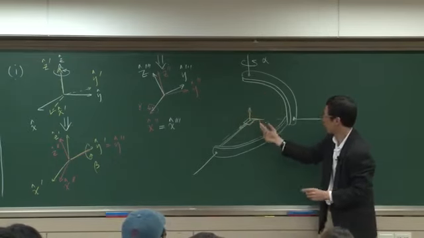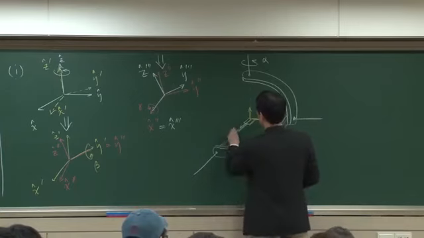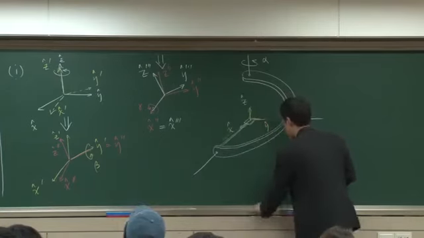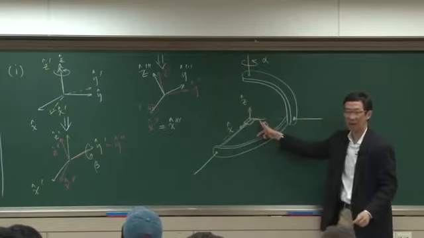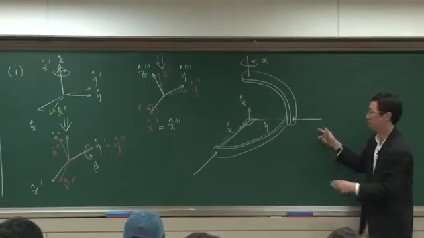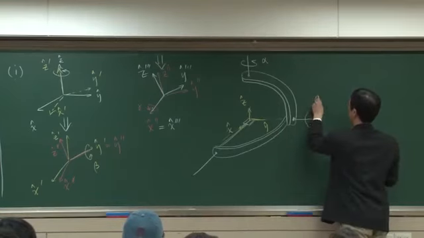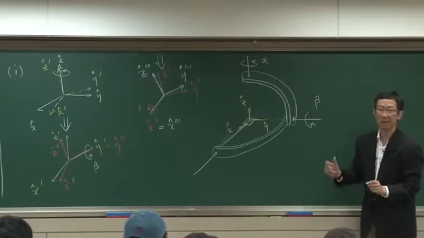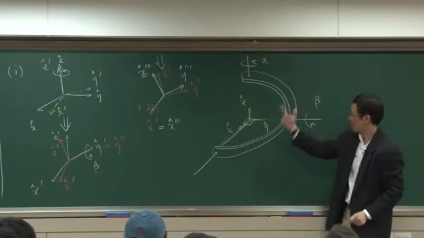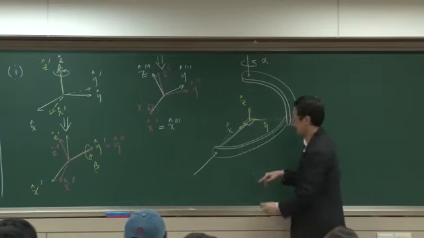Next, we rotate about the y-axis. Rotate around z first. Next, we rotate about the y-axis. What's that? That's just rotation of this joint. Finally, we rotate about the x-axis by gamma.